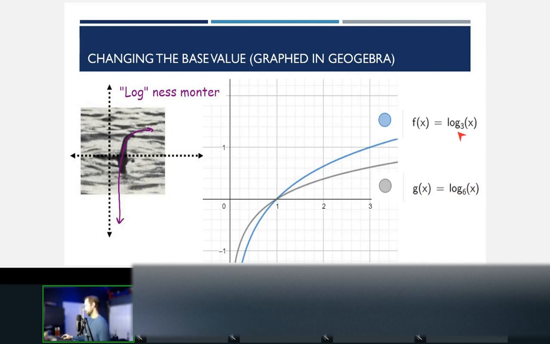So looking at both of these equations and the graph, what is true regardless of the base of the log? What do you notice?